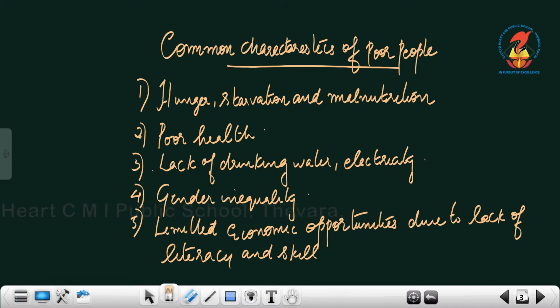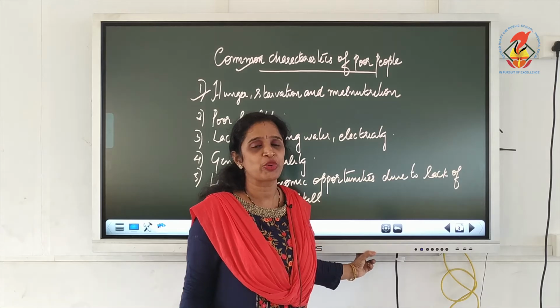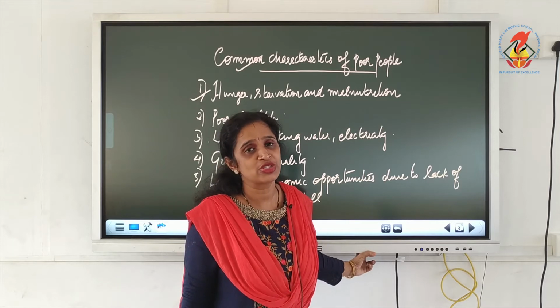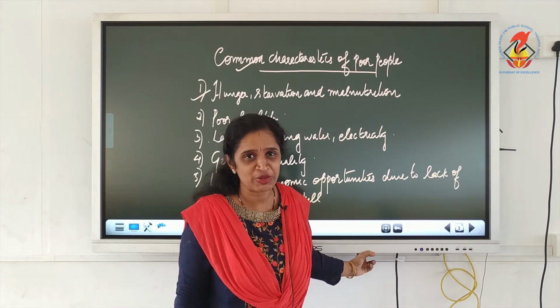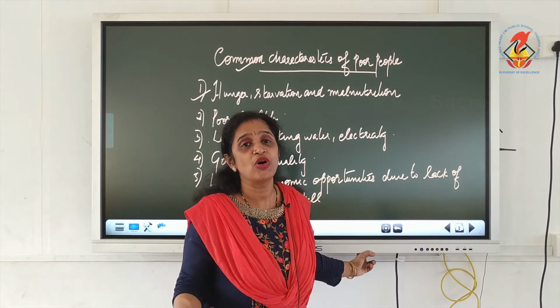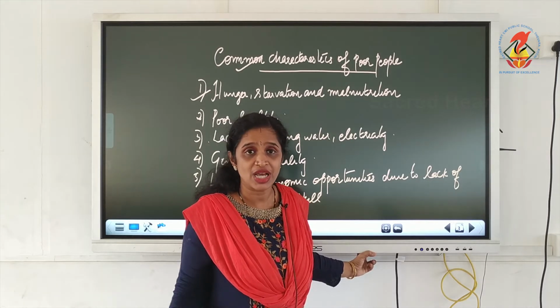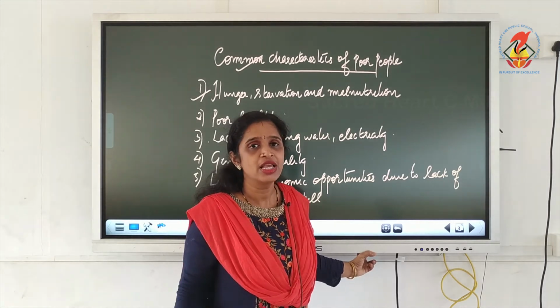Now, we will move on to the common characteristics of poor people. The first characteristic is hunger, starvation and malnutrition. No further explanation is required for this point because you are all familiar with it. A poor person will always be characterized by starvation, hunger and malnutrition.